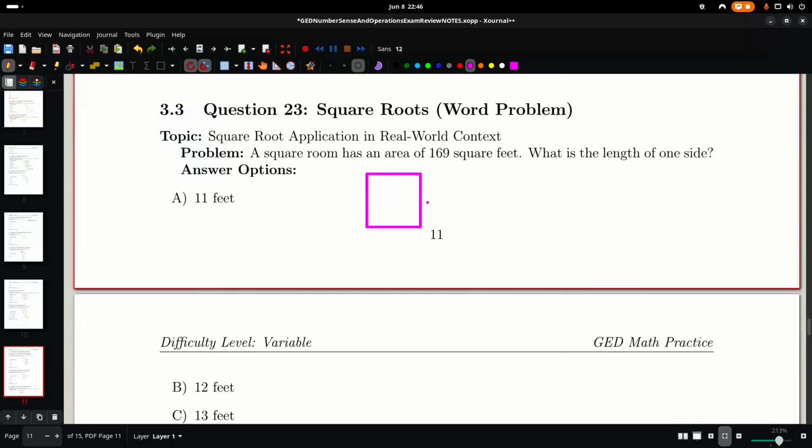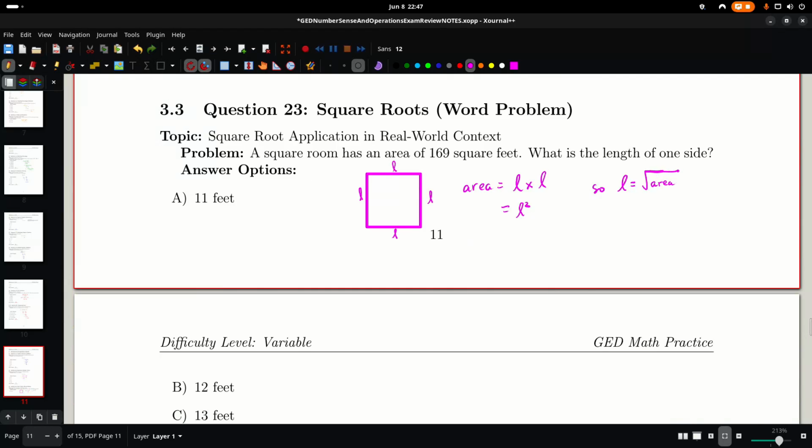And so we have our length here, and we have our length here. And of course, because it's a square, all the sides are the same. So they're all length. And so the area is equal to length times length, which is the same as length squared. So therefore, if I have the area, the length is equal to the square root of the area.